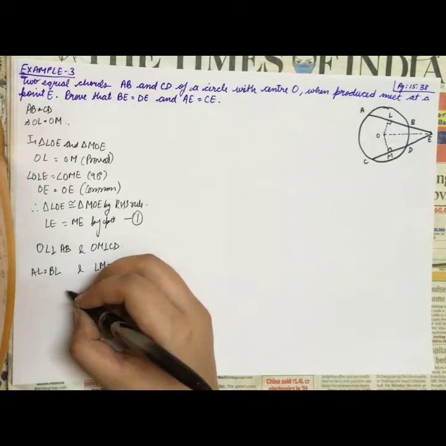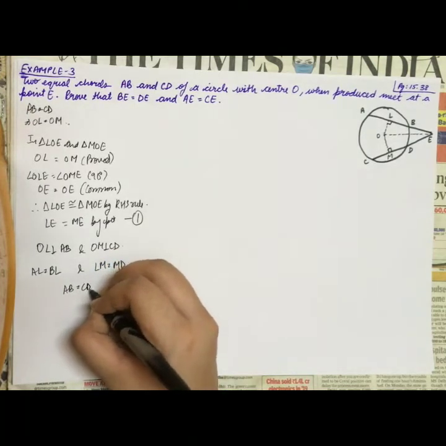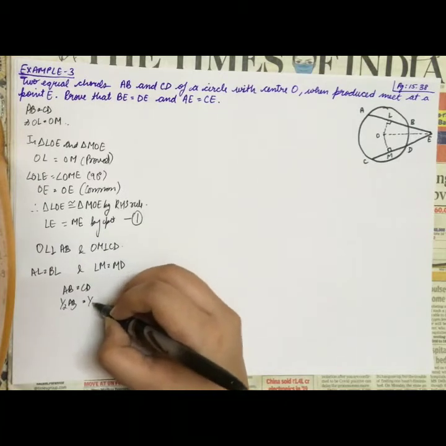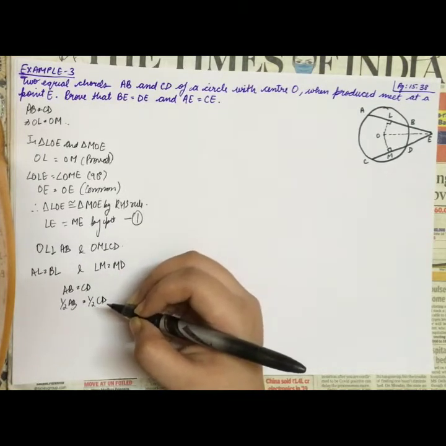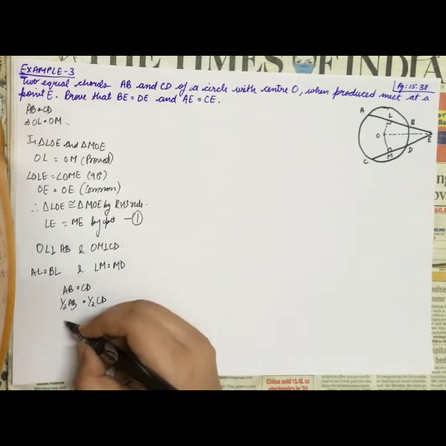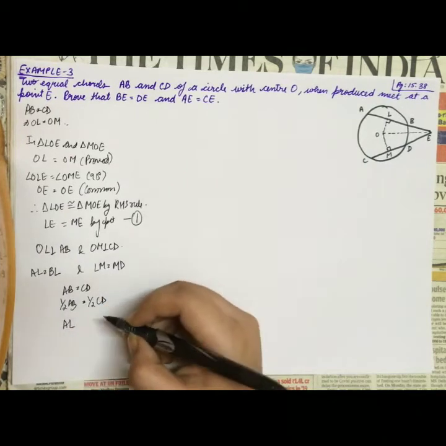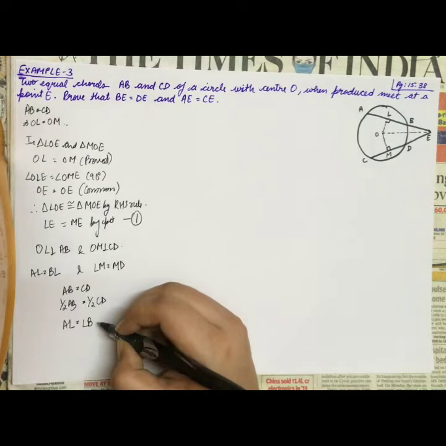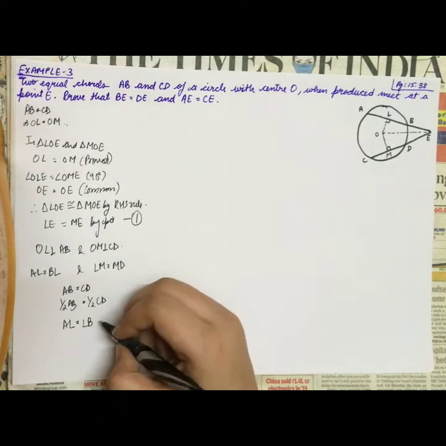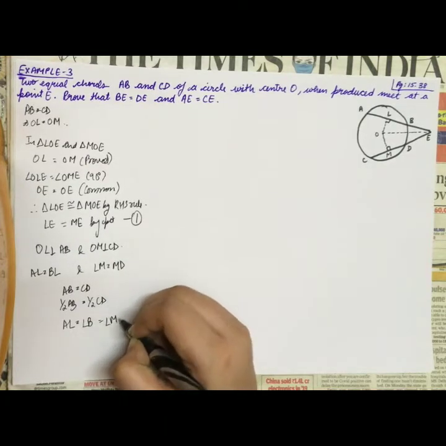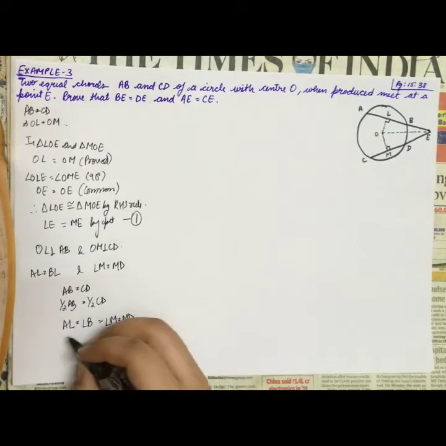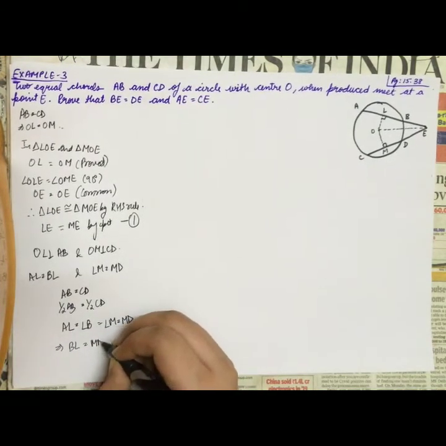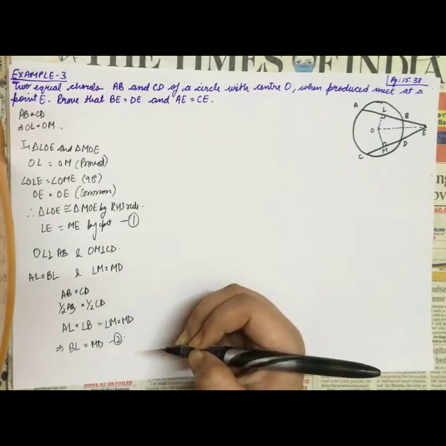So now AB is equal to CD, therefore half of AB is equal to half of CD. Now half of AB can be written as AL or LB, which are both equal, and which is equal to CM, which is equal to MD. Therefore we can conclude that BL is equal to MD. We'll mark this as 2.